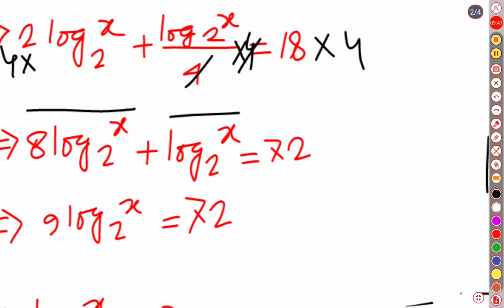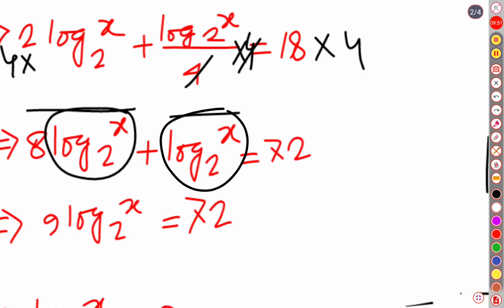Now look at this. Suppose this one is our a, so this will also be a. This is an a, this is another a. So this is 8a, and 8a plus a means 9a. For your easier understanding, if you say that log base 2 of x is a, then this is 8a plus a, which means 9a.